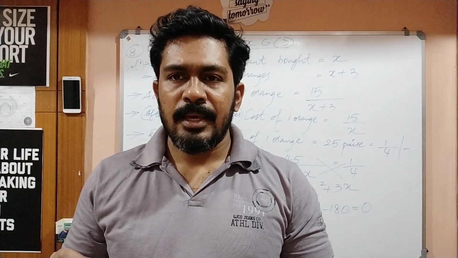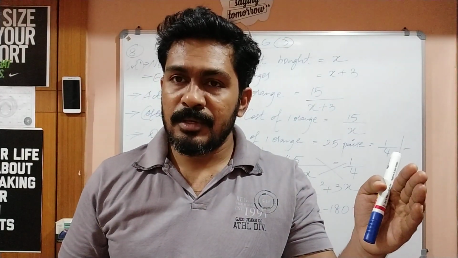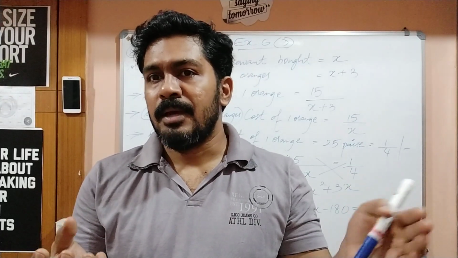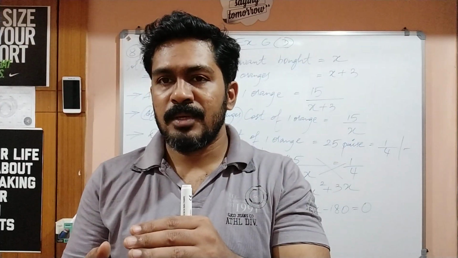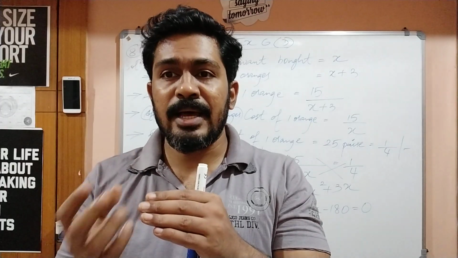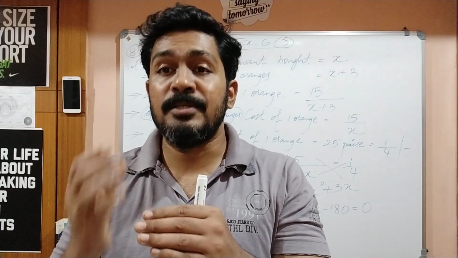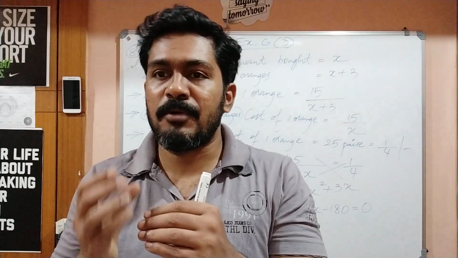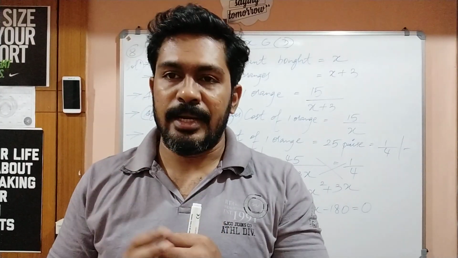Now see children, this guy, Mr. Mehra, spent 15 rupees to purchase some oranges, but for the same 15 rupees, he is not getting the exact number of oranges which he deserves to get, isn't it? He doesn't get the exact number of oranges which he deserves to get.